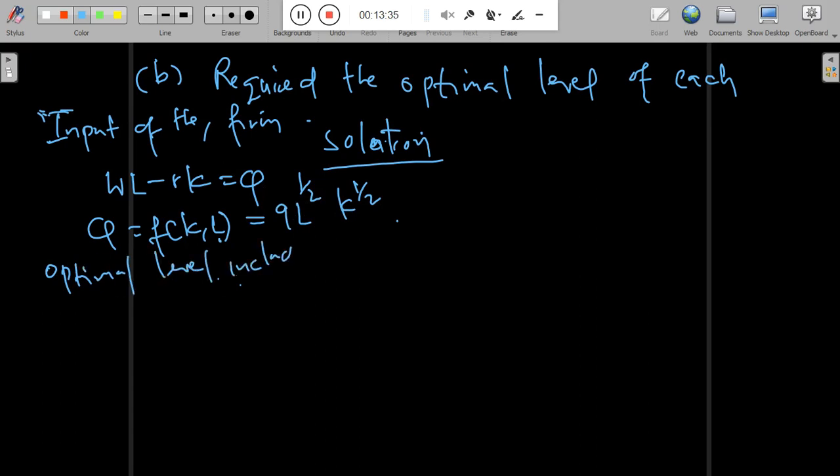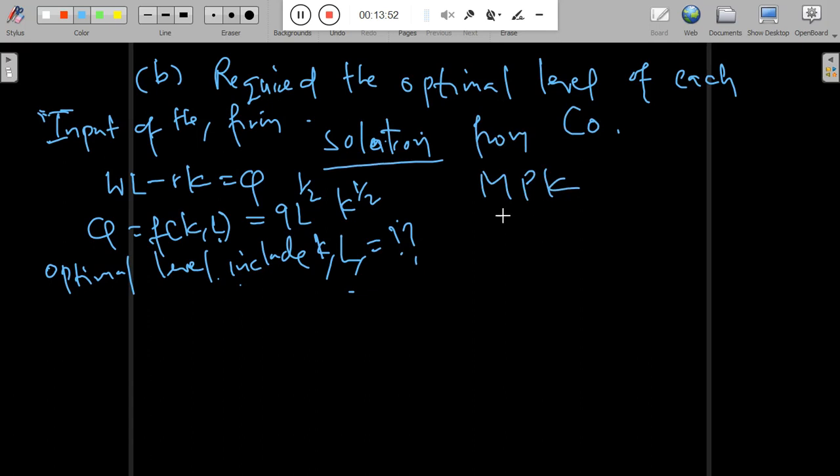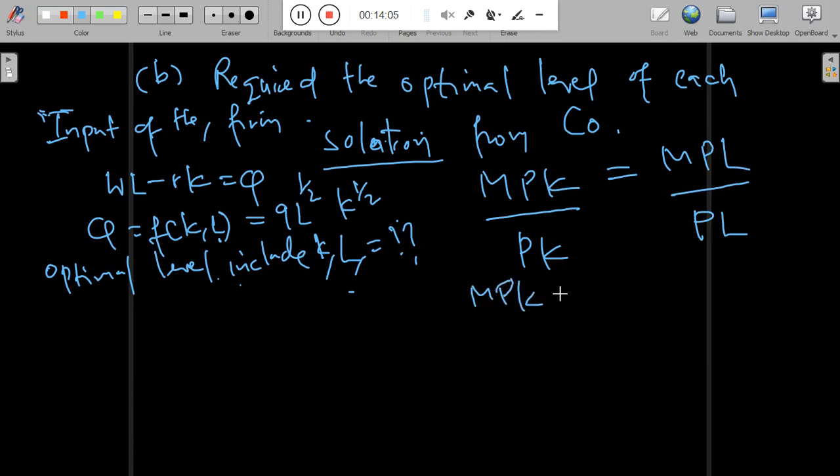So from that point, we apply the Cobb-Douglas function to solve for capital and labor. Under this, the marginal product of capital over PK is equal to the marginal product of labor over PL, where PK is the price of capital and PL is the price of labor. So how do we find the MPK, the marginal product of capital?